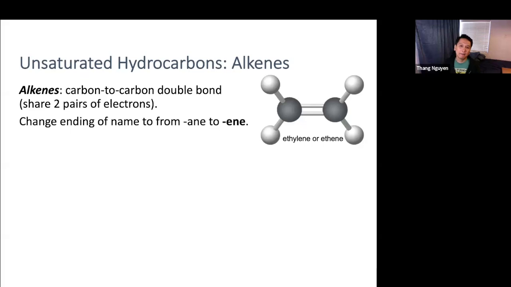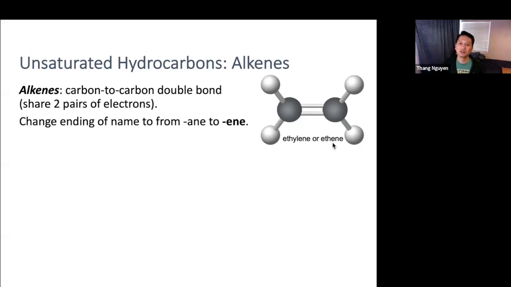Okay, but to step back a little bit, when hydrocarbons are unsaturated like that with a double bond, we give it a different class. It's a different class or family of molecules. Instead of alkanes, we call them alkenes, with the E replacing the A. The name of these things just replaces the A with an E also. For example, if this was ethane, if this was a single bond, but now it's a double bond, we call it ethene.